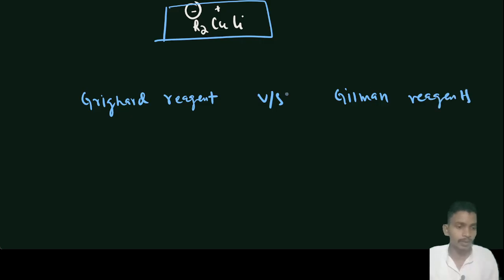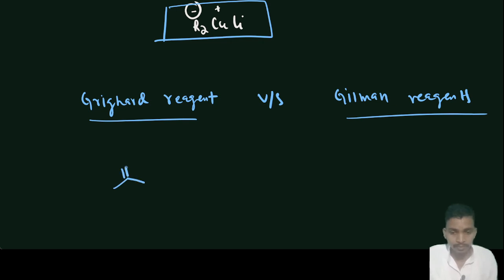In the case of Grignard reagents, if we have a carbonyl group and we attack it with a Grignard reagent, let's say CH3MgBr.